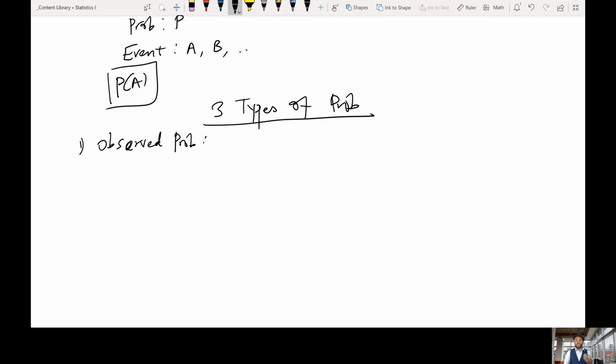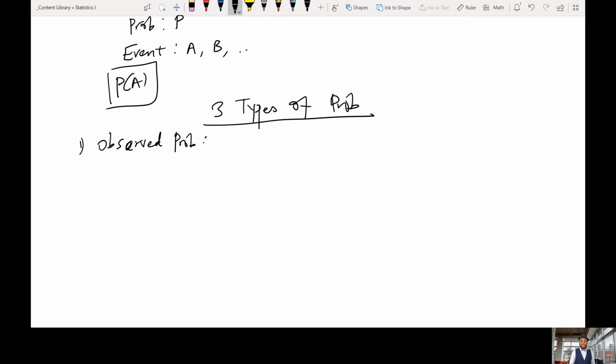And out of 100 times, I recorded the number of times I had a head. Let's say I had 30 heads after 100 trials. So the question now would be, what's the probability of having a tail? If I had 30 heads, it means I had 70 tails.